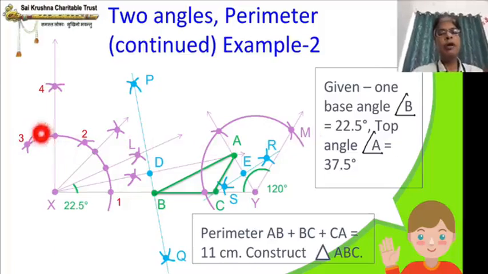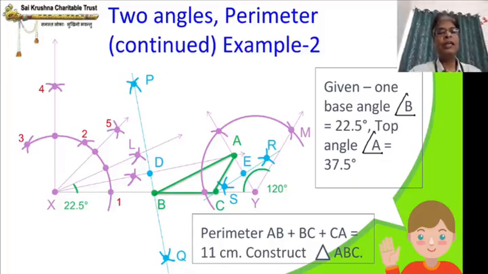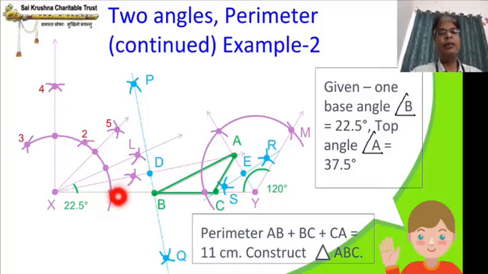From this point to 1 you draw an angle bisector, 5. So what is that? 45 degrees. Then I am marking one more point here, and between that point and 1 you get another angle bisector, 6. Now x to 6, that is 22.5 degrees.